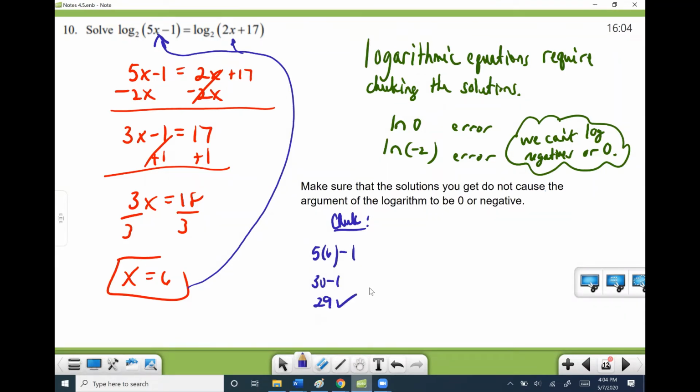So that's okay. It's not 0 or negative. Okay. Let me check the other one. 2 times 6 plus 17. Yeah, 12 plus 17 is not going to be 0 or negative. Okay? So we just want to make sure that we don't get 0 or negative. Not 0 or negative. Okay?